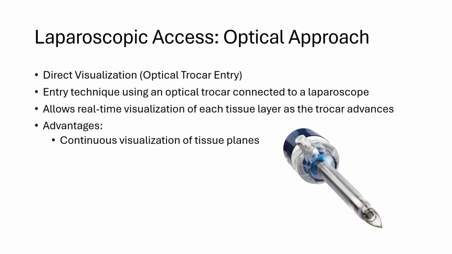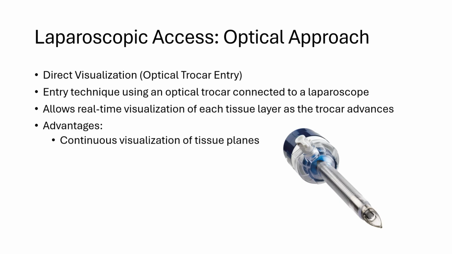The last method that I want to cover is called the optical approach, or sometimes called the direct visualization approach. And this one is by far the most simplistic of the ones I've covered in this video. What you essentially do is you put the laparoscopic camera within this blunt trocar, and you're able to see all the layers that you're passing through as you dissect into the intra-abdominal space.